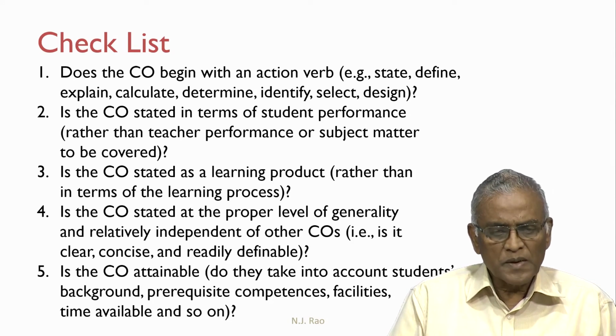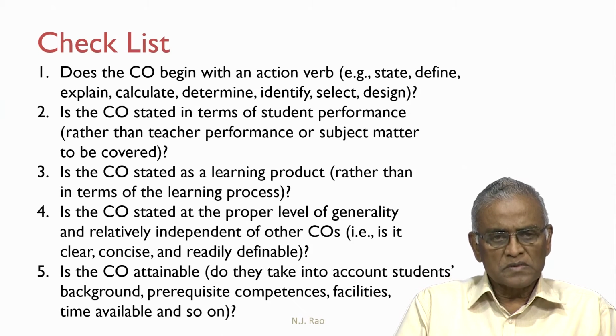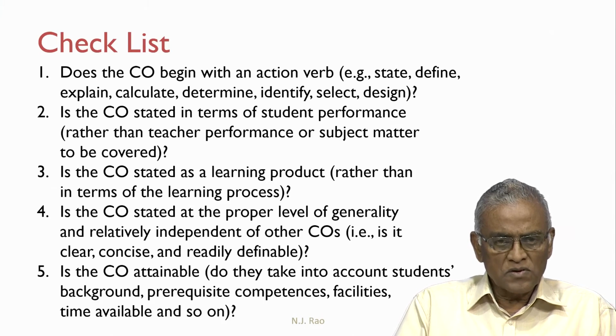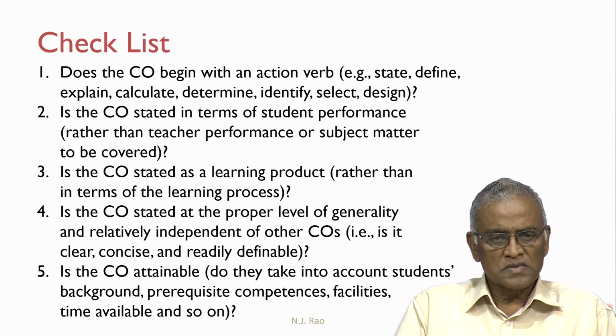And sometimes we tend to be over ambitious, and we may be writing a very ambitious CO statement. So, the fifth thing is, is the CO attainable? That means, does it take into account the student's background, prerequisite competencies, the facilities available in the college, and time available to address the CO?